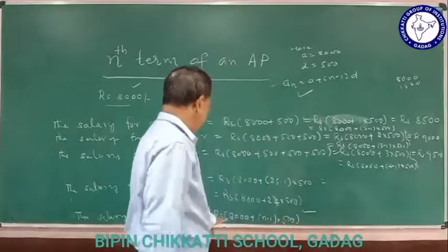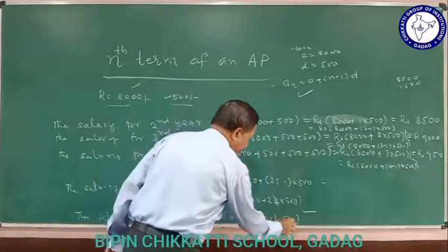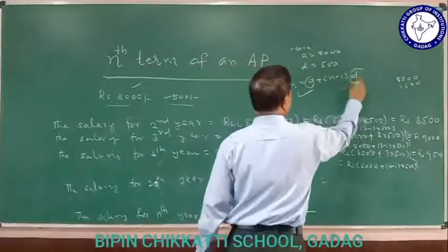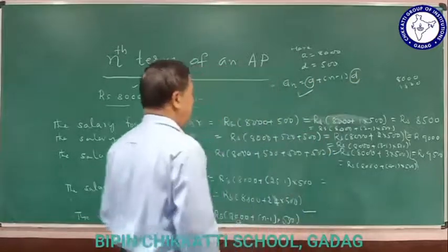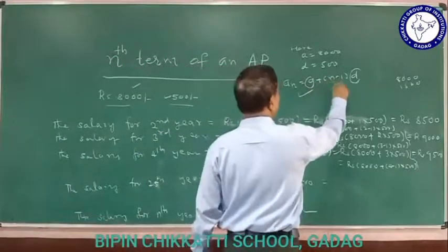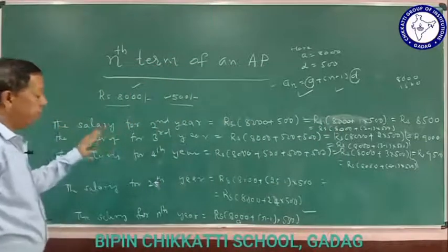How did you get this? Here A is the first term and n minus 1 into D, with the nth term. So in this example A is 8000 and D is 500. This formula we are using from now onwards: A plus n minus 1 into D. So this is the practical example I have given.